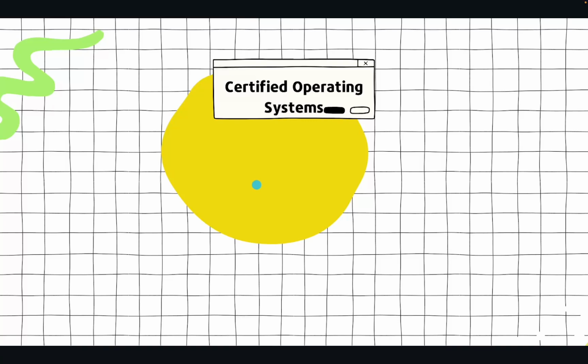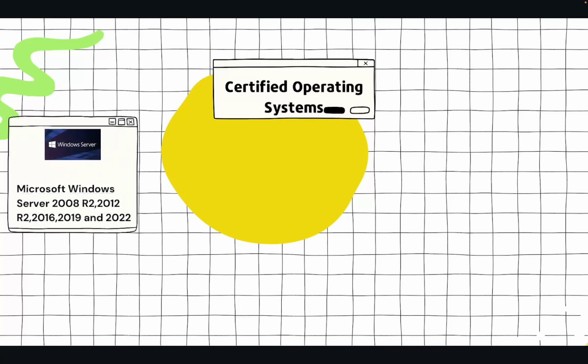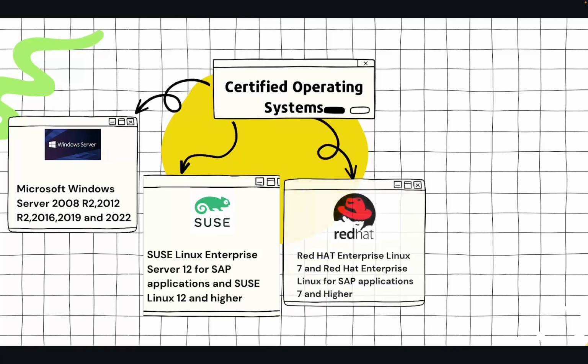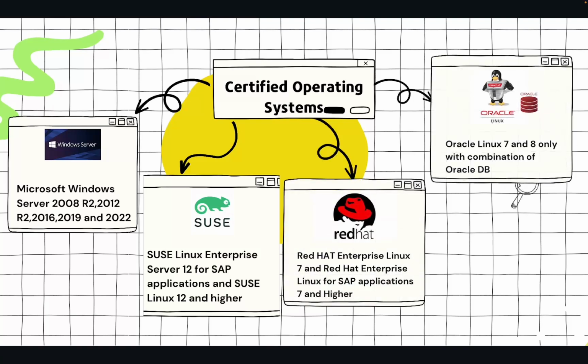Now let's understand some certified operating systems. Under Microsoft Server, we have 2008, 2008 R2, and 2022. SUSE, which is a popular option for HANA, is also called SLES. SLES 12 and SLES 12 for SAP applications are supported, and onwards.